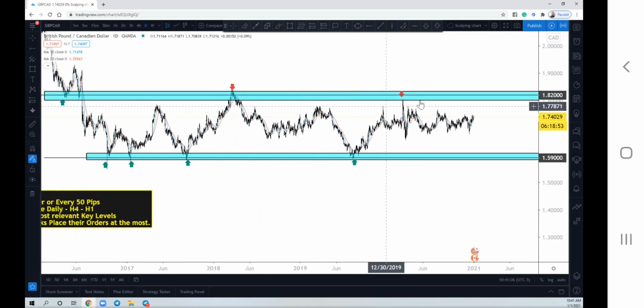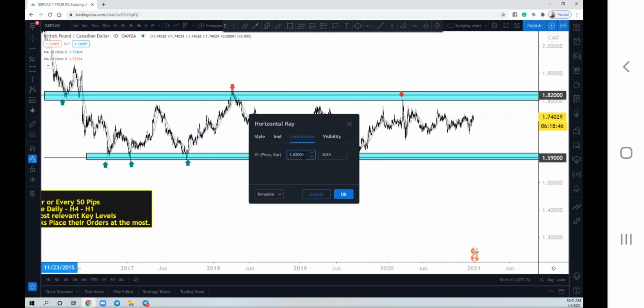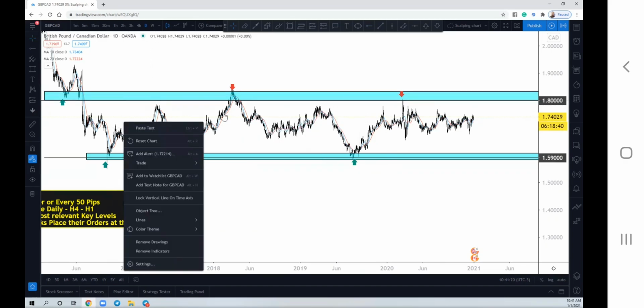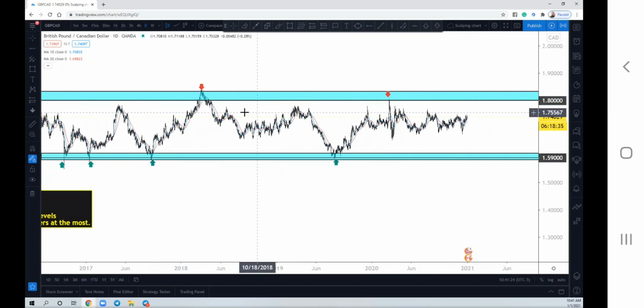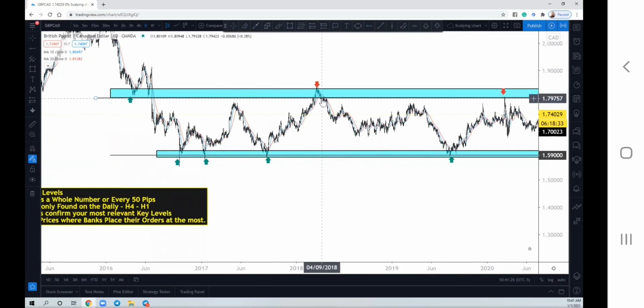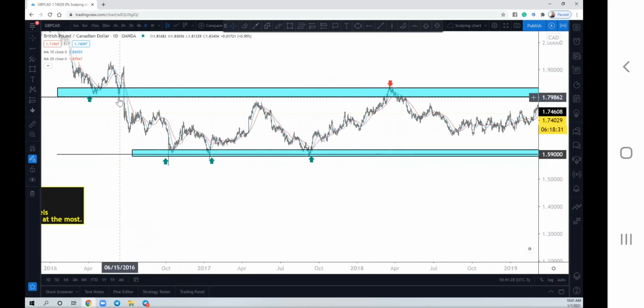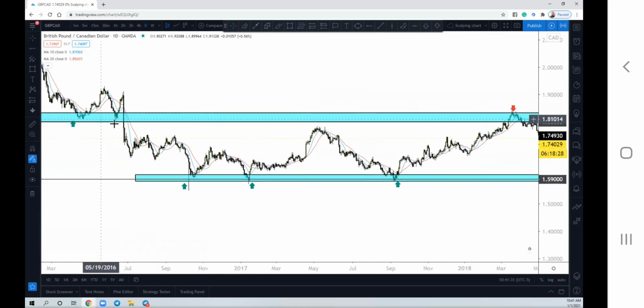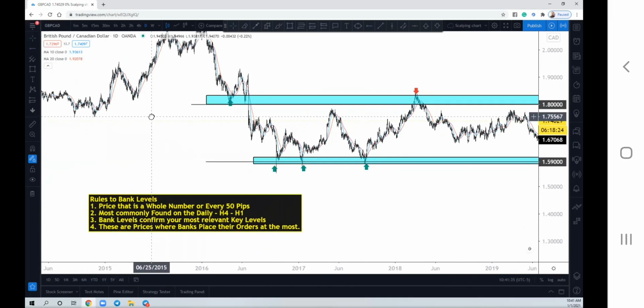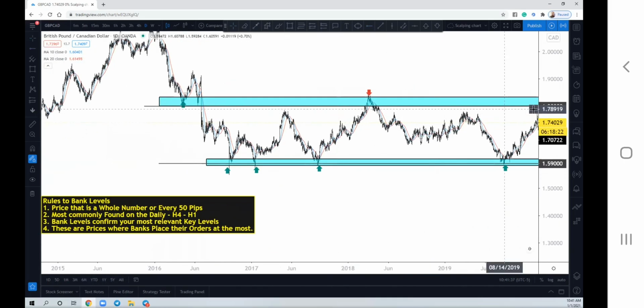Now we still have this little one right here, so let's see if we can find a better price. Let's try this one. It quite touches this one, it fakes out in this area, but it doesn't really, well, as you can see, it kind of wicked right here. So yeah, this was a great example right here, 1.80000.